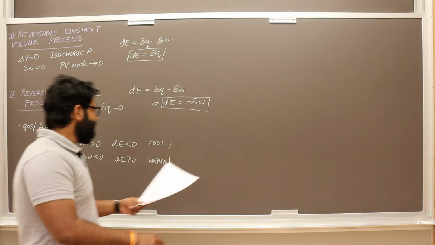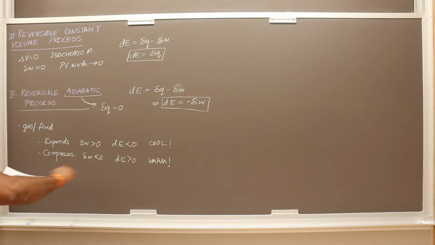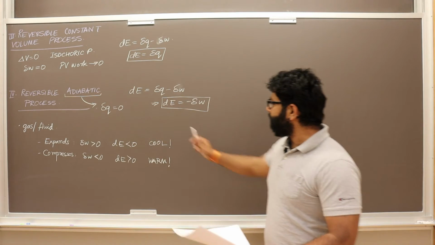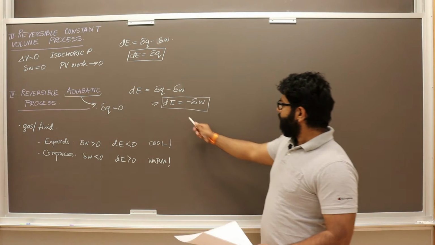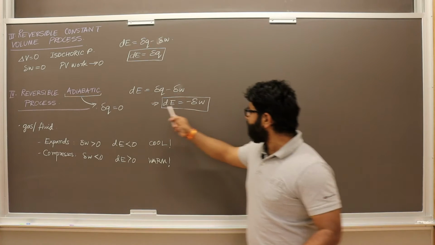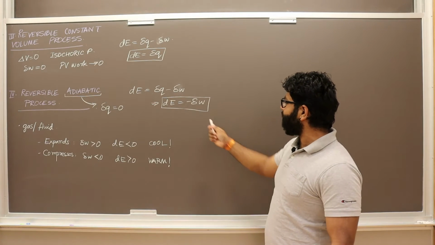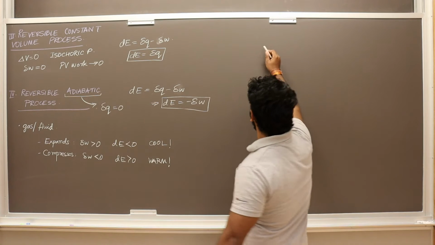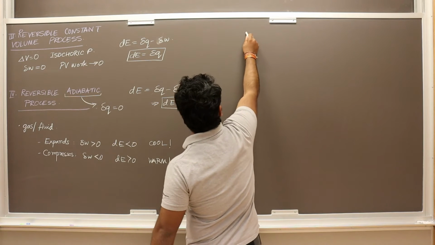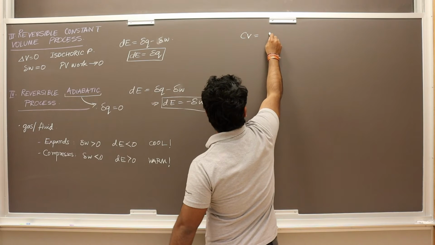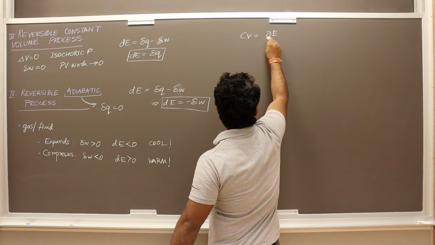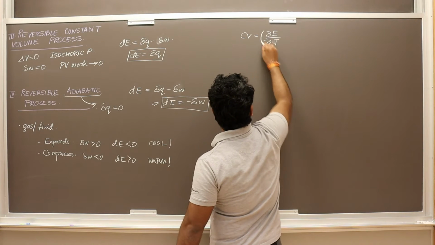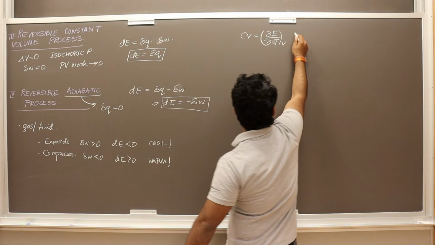Now, let's try and understand this by expanding on the first law, okay? We have seen that del Q becomes 0, so dE becomes negative of dW, okay? Now, what do you remember about dE? I remember that CV was dE by dT at constant volume.